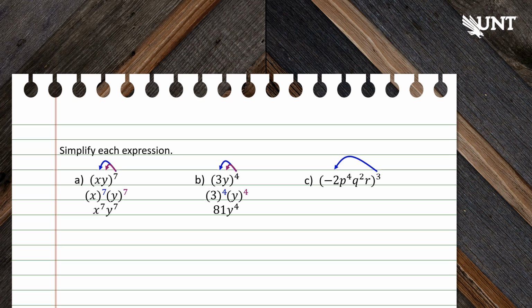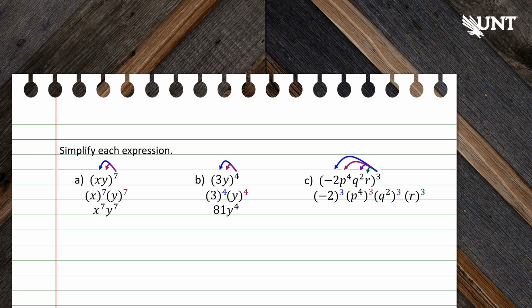The first one is the number, so negative 2 raised to the power of 3. The next factor is p, so we write that as p to the fourth raised to the third power. Next we have q, which is q squared raised to the third power. And then finally we have r raised to the third power. So we have 4 different factors and we need to simplify them individually.